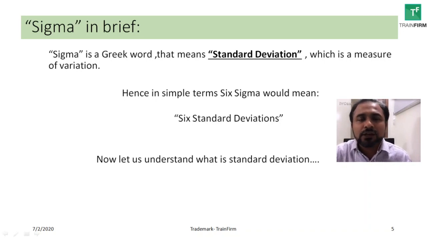We will try and understand the significance of that number six in the upcoming slides. But as a methodology, it's about six standard deviations, and it's probably aiming at reducing the standard deviation, not the number of standard deviations, and reducing the spread of the process. Let's figure that out in the next slide.